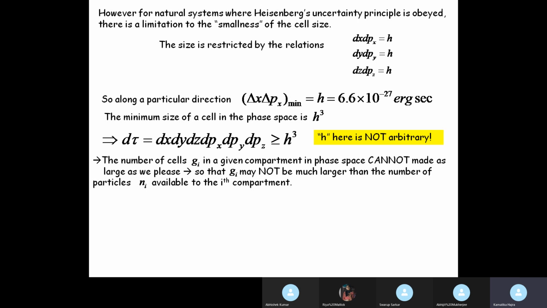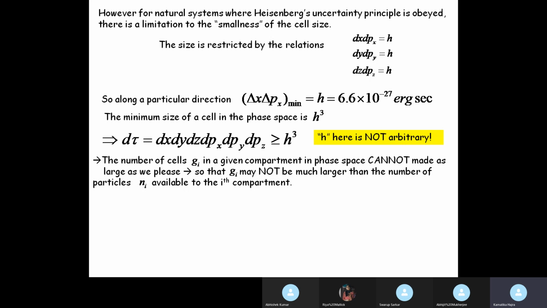Okay. So gi, and remember the number of particles that we are dealing with in a system is of the order of Avogadro number. So the order of magnitude will not be very different. The value of h leading to the number of cells gi and the number of particles is such that gi may not be much larger than the number of particles ni available in the ith compartment. So you come in and you see there are 6 pairs, right?